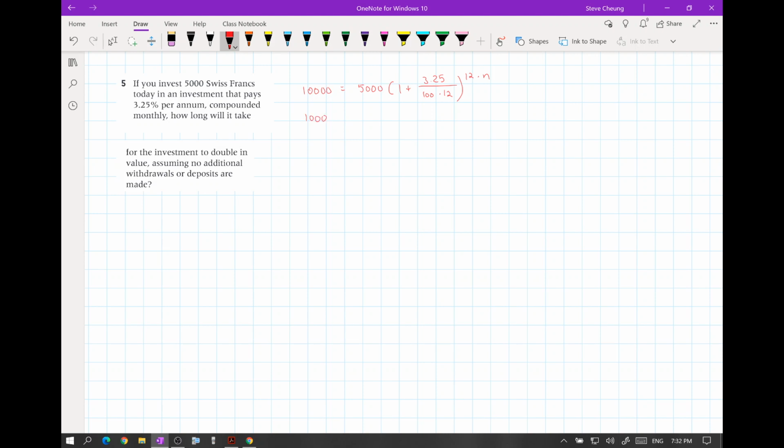So when we divide this, we have just this part on the right. Now this number on the left is not a coincidence. This actually represents the doubling factor, right? Because you want to double. So technically, if you want the amount to triple, you will see that this ratio becomes 3. So I could actually just skip the very first sentence and just write down the right-hand side, the multiplication factor here, to be equal to 2.